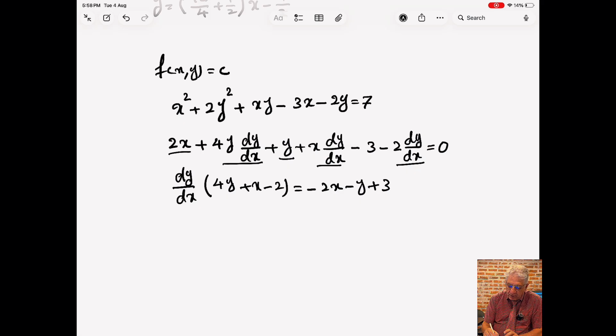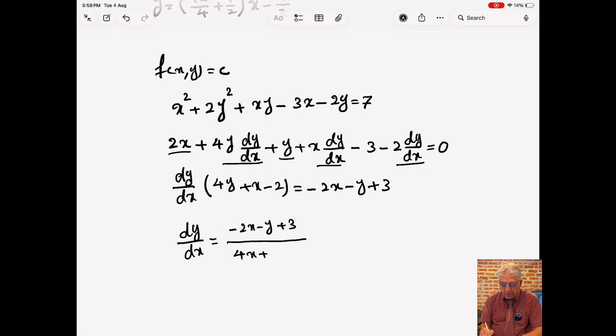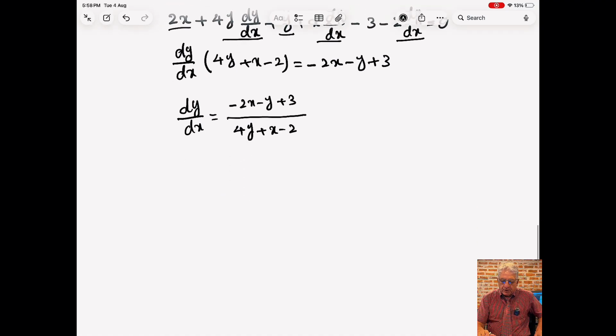Therefore, dy by dx is equal to (negative 2x minus y plus 3) divided by (4y plus x minus 2). I divide to get dy by dx. Therefore, this is the derivative for this function.